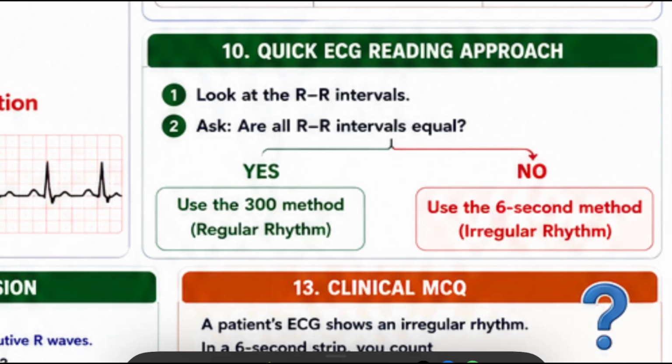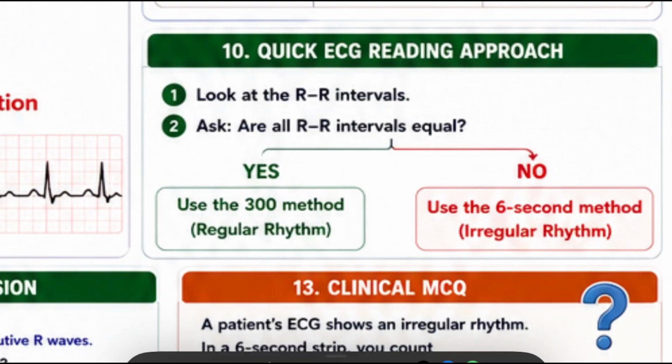If yes, go with the 300 method for regular rhythm. If no, go with the 6-second method for irregular rhythms. For FMGE, NEET PG, USMLE, clinical rotations, or any OSCE or examination in cardiology, this is very important from an exam point of view.